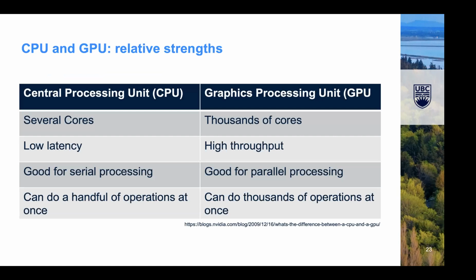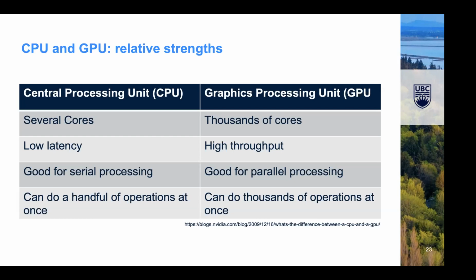Okay, so kind of a summary of the relative strengths of a CPU and a GPU. CPUs are made up of several cores. They're much faster when handling different types of system operations. So some RAM or random access memory computations, mid-range, and can handle computational depth and complexity more readily.